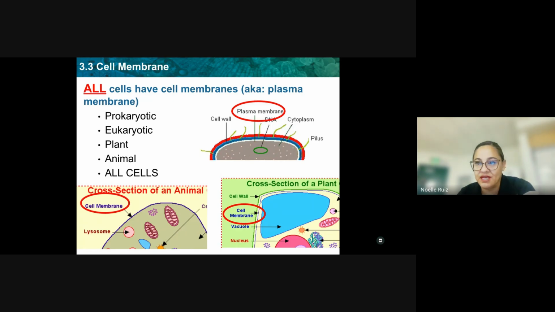Now, some cells, like plant cells and fungal cells and bacterial cells, also have a cell wall on the outside of their cell membrane, but all cells have that membrane. They have at least one barrier keeping the bad stuff out, keeping the good stuff in.